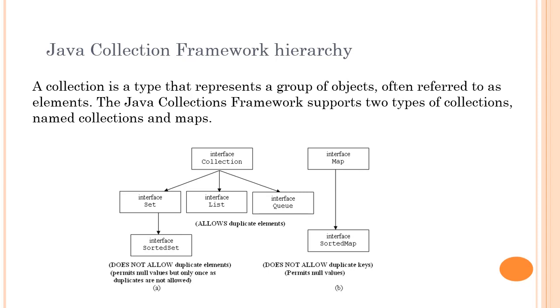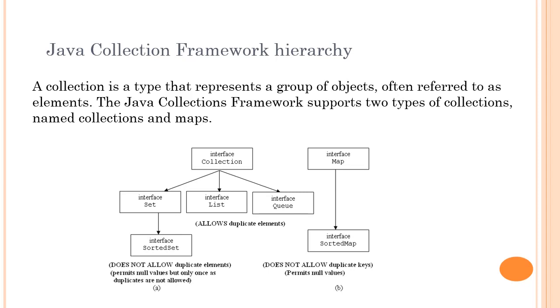As you see in the figure, the interface collection has three sub-interfaces, which are set, list, and queue. A set is defined as a group of unique objects. What is considered to be unique is defined by the equals method of the object type it holds.